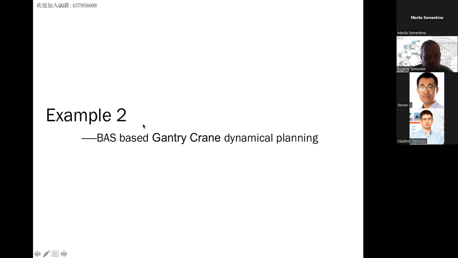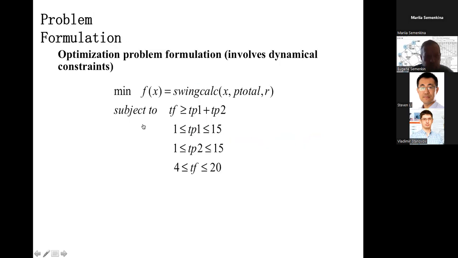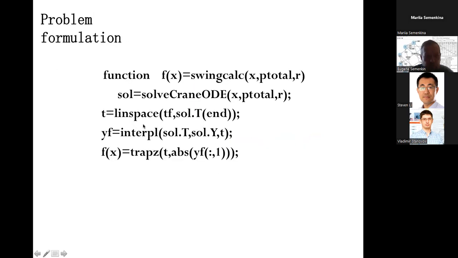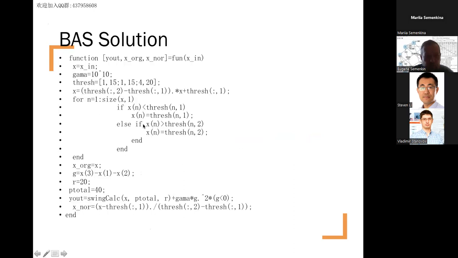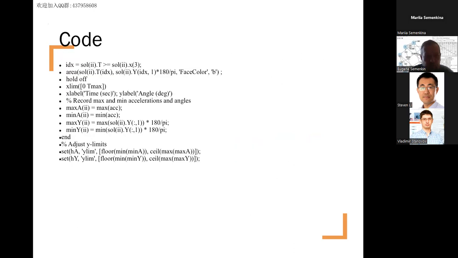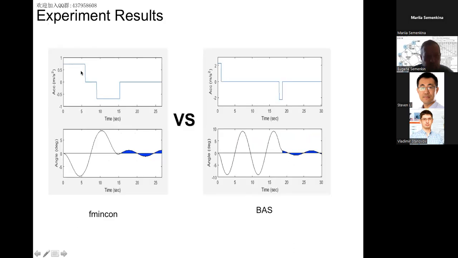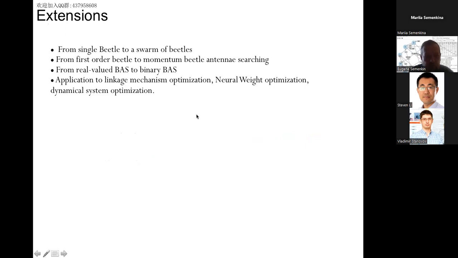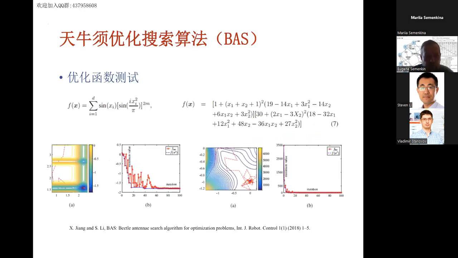But if you use our algorithm, you can quickly find the solution. These are the programs for it, and this is the time profile of the control input. And it can finally solve the problem.